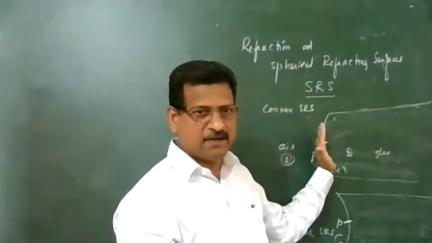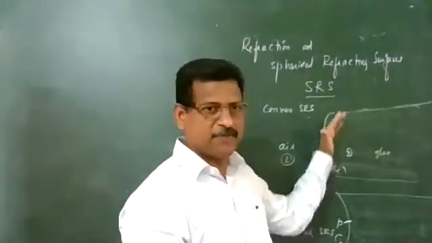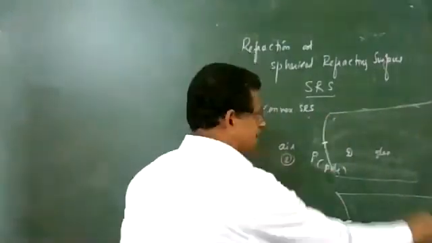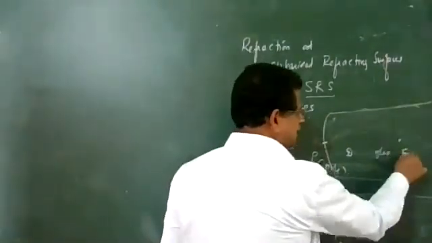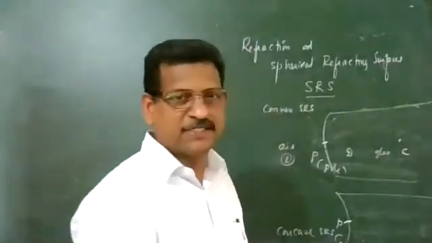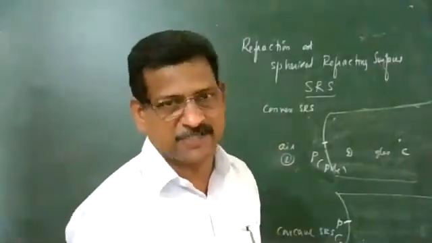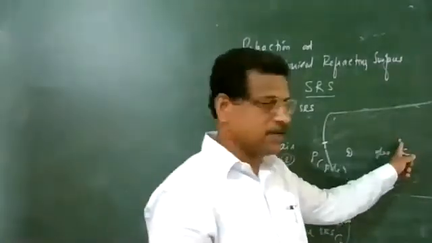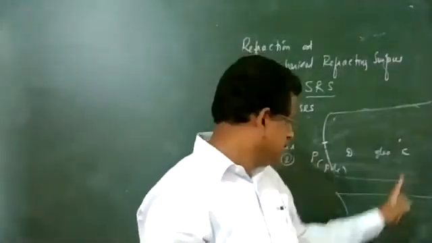It's a part of a sphere. The center of this convex SRS lies here on the right side. That we call the center of curvature of the spherical refracting surface.